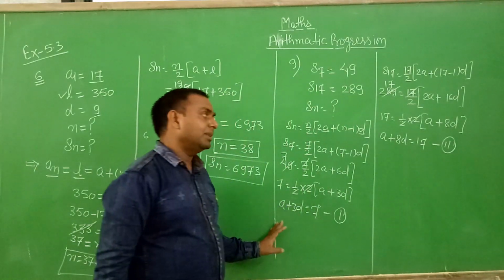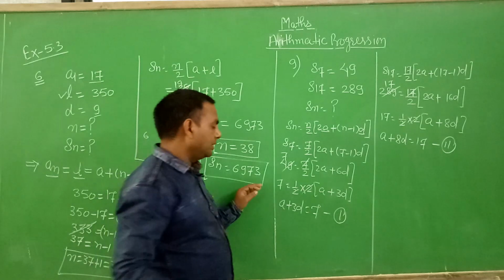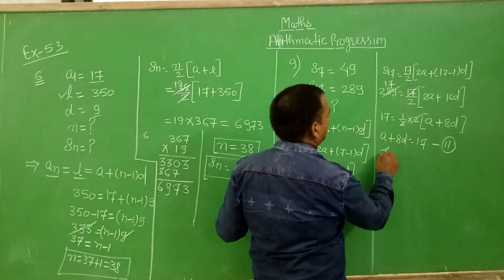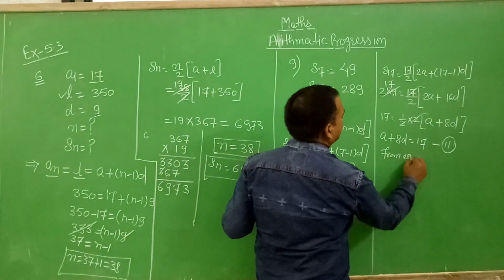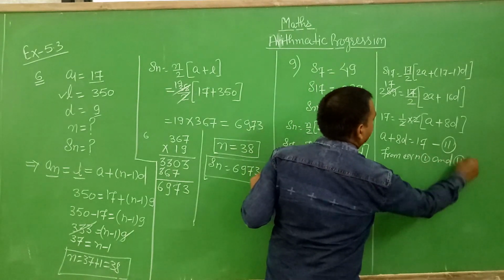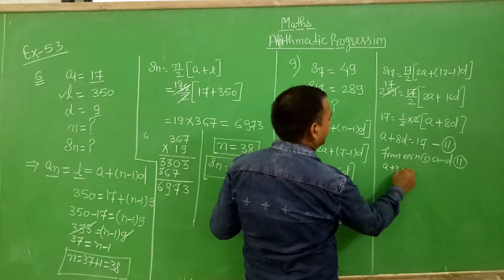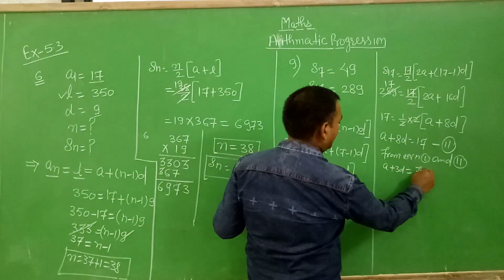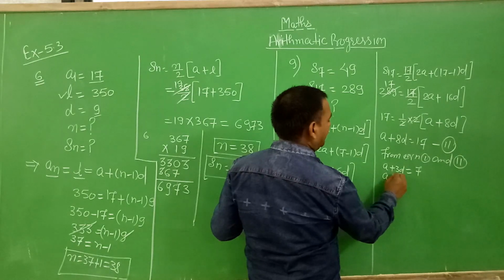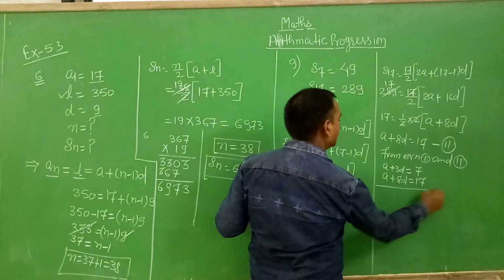So first you solve the value of a and d by equations 1 and 2. I take equation 1 and 2. Equation number 1, a + 3d is equal to 7. Equation number second, a + 8d is equal to 17.